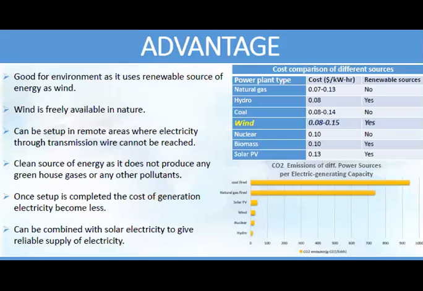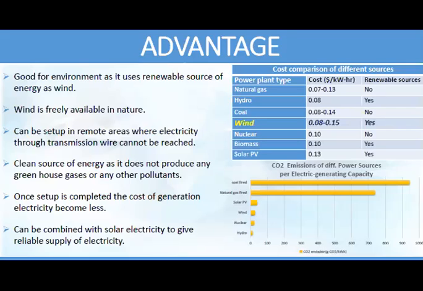Once setup is completed, the cost of generating electricity becomes less. Only the investment cost is high, but the generation cost is not high for a wind turbine. It can be combined with solar electricity to give a reliable supply of electricity.